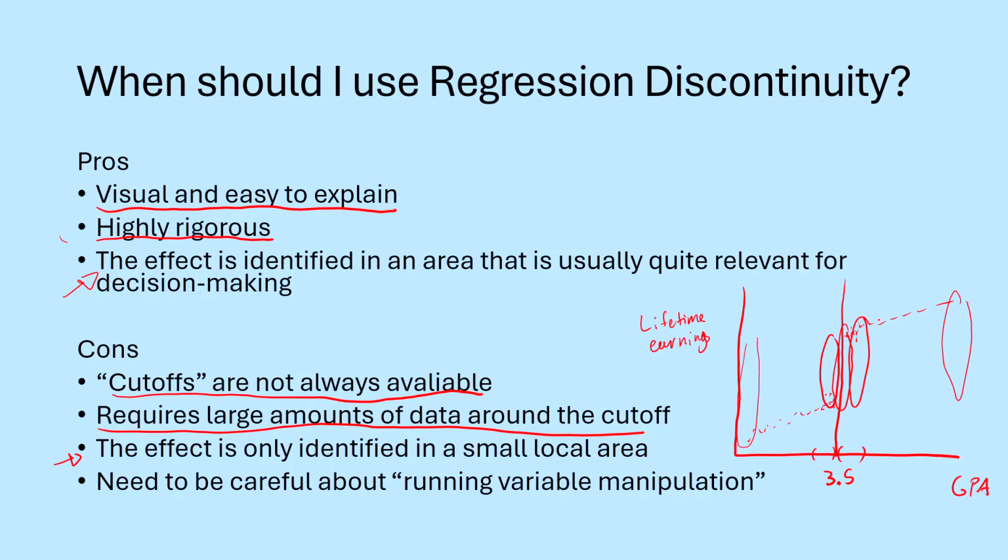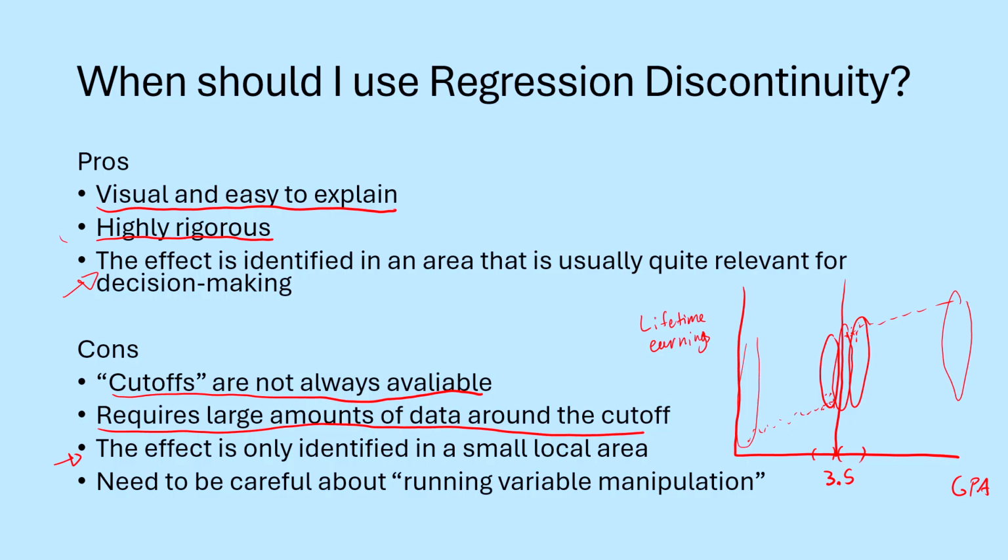And so if a policymaker is looking at this GPA cutoff thinking, well, should we make the GPA cutoff slightly higher or slightly lower, the regression discontinuity estimate gives them a strong understanding of what benefits they'll be sacrificing by moving the cutoff to the left, or what benefits they'll be gaining by moving the cutoff to the right. Actually, I may have given that in reverse, but you understand what I mean. We have an understanding of the benefits and the costs right around the cutoff, which is the most relevant area for the policymaker.